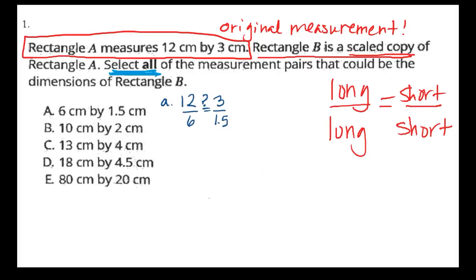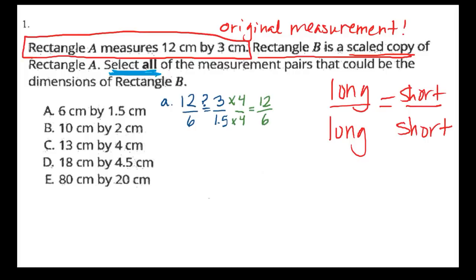So let's look at A. The long side of rectangle A is 12 and the long side of option A is 6. The short side of rectangle A is 3 and the short side of option A is 1.5. What we're going to do is try to make equivalent fractions.